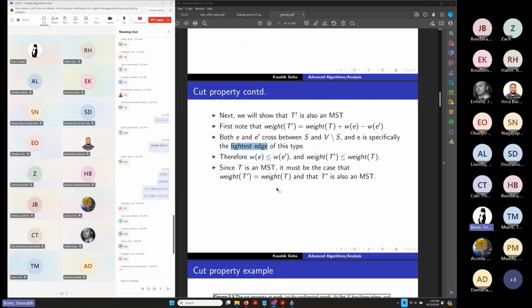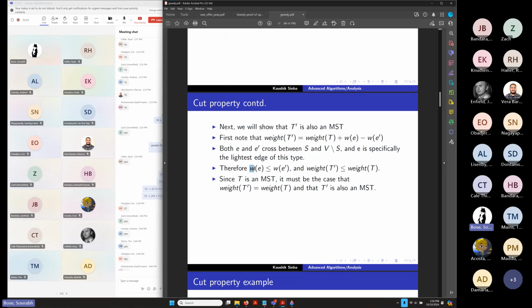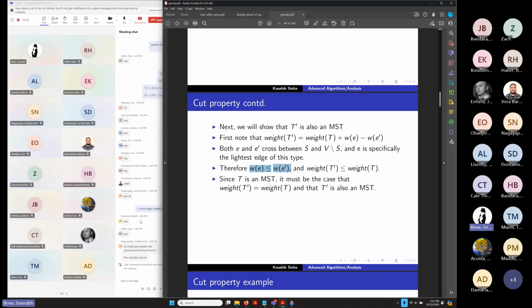It's essentially saying that since the weight of our edge by definition is less than the edge in the previous solution that is creating the cycle, then the sum of all weights will also be less than the original tree's cost. Do you guys agree with this statement? If you do, that is the major point in greedy algorithms. You have understood that.